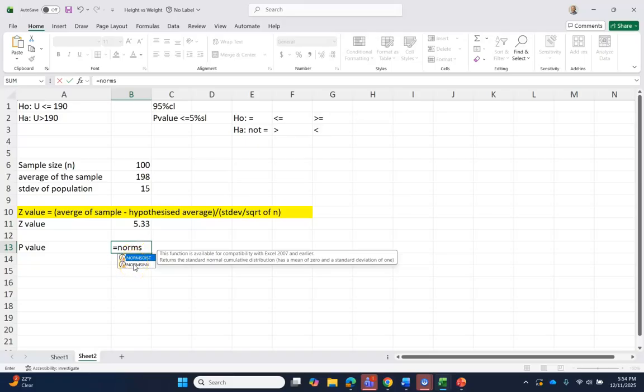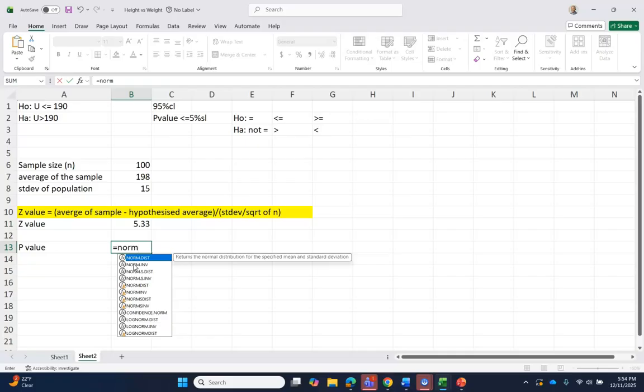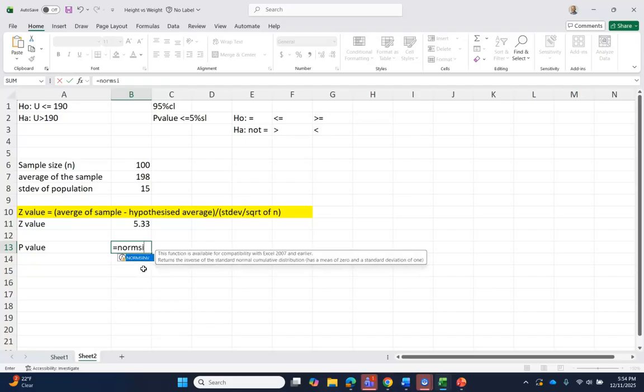Now you can either do it like this, norm.s.inverse, or you can just say norm s inverse and norm s test.